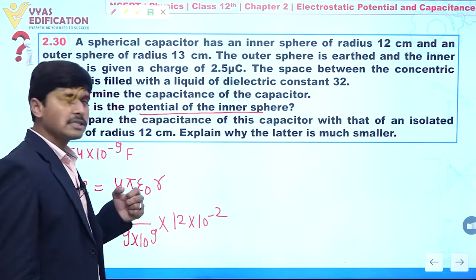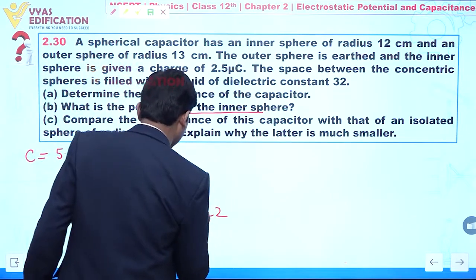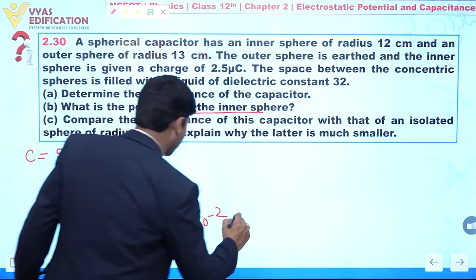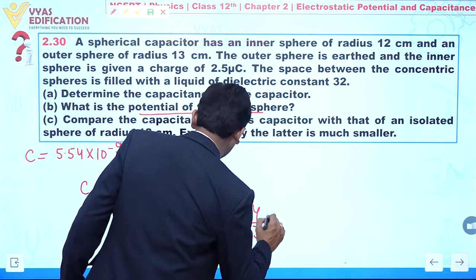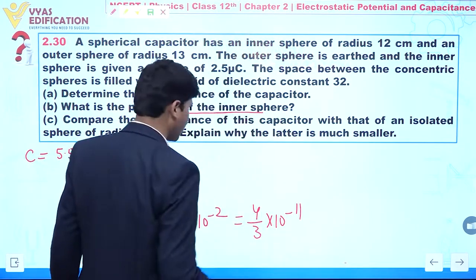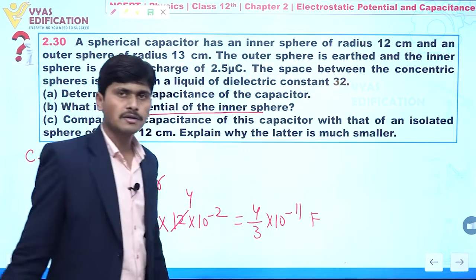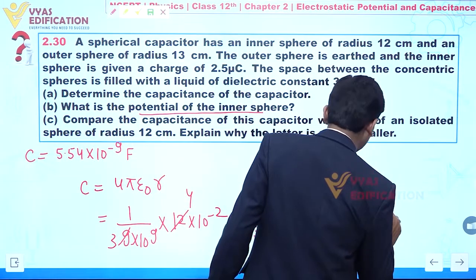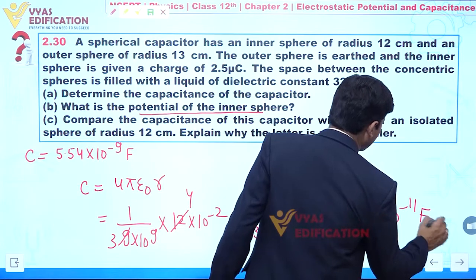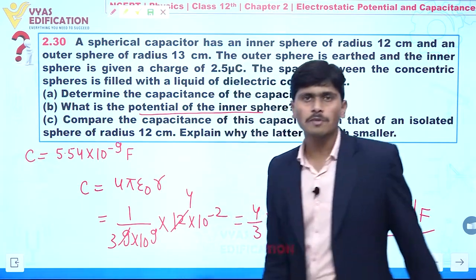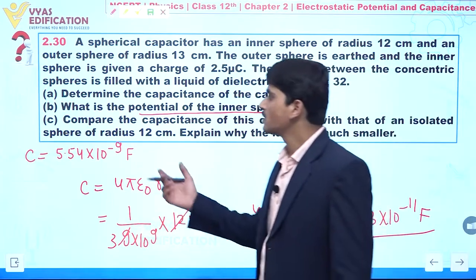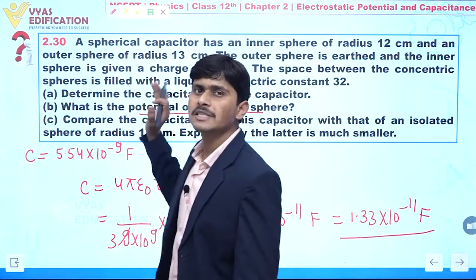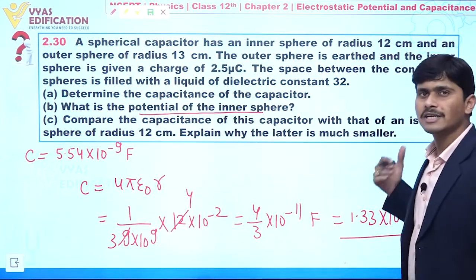Now if we calculate, this is 4 by 3 into 10 to the power minus 11 farad. So we can write this as 1.33 into 10 to the power minus 11 farad. From here you can observe that the capacitance of this spherical capacitor is definitely more compared to the isolated sphere.